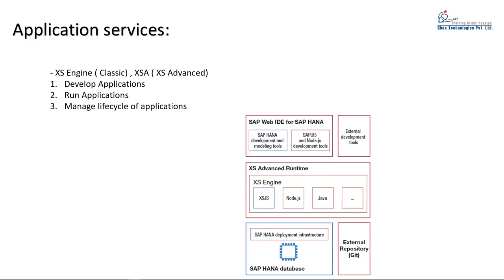Let's say we look at S/4HANA, which is nothing but your ECC application, more compatible with running on HANA. Now let us assume there is some functionality which the business or the customer wants, but it is not available in S/4HANA. Then we will use ABAP and develop a custom application within S/4HANA to build in the features required by the customer.